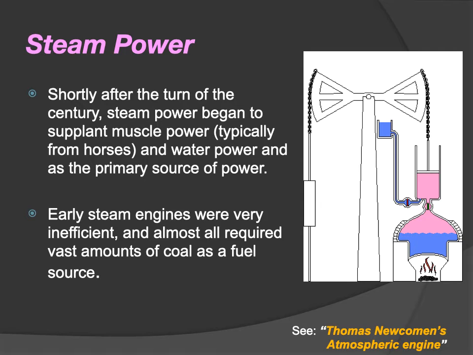Early steam engines were very inefficient, and almost all required vast amounts of coal as a fuel source. The efficiency of the steam engine will increase throughout the century, but by the end of the century and the early 1900s, the internal combustion engine will come to replace the steam engine as the main source of energy and power.